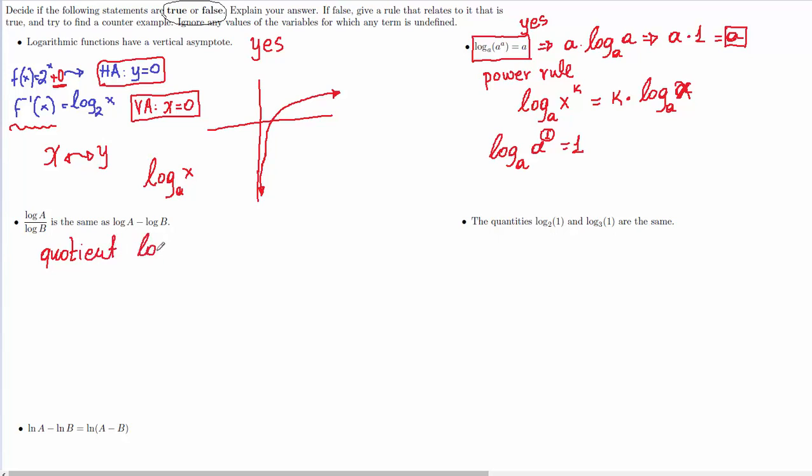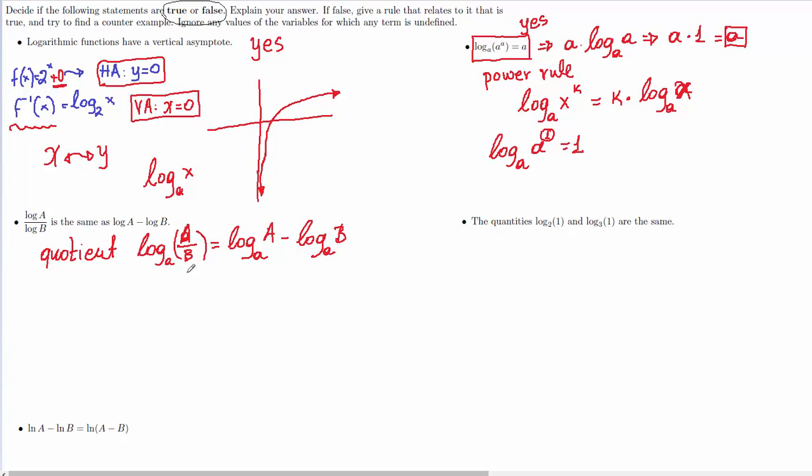The log with any base, let's call it small a, of a fraction, let's say a over b, is equal to the log with base a of a minus the log with base a of b.